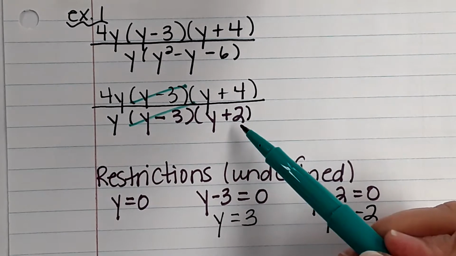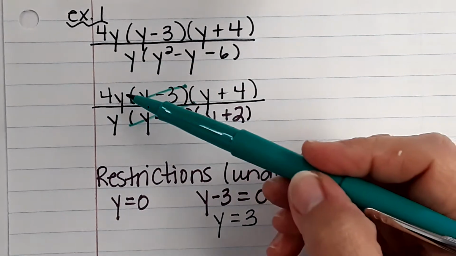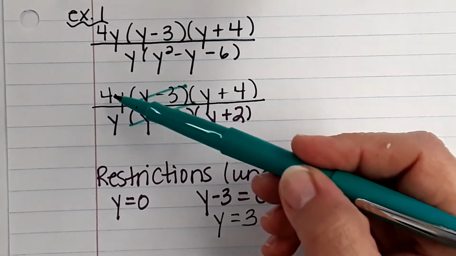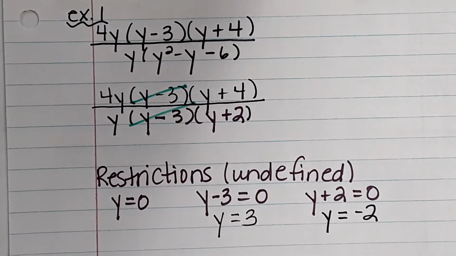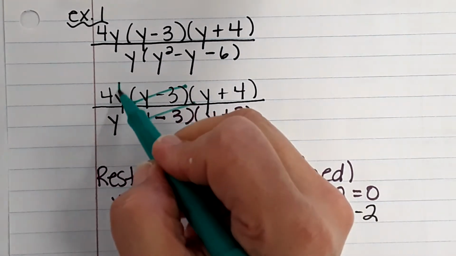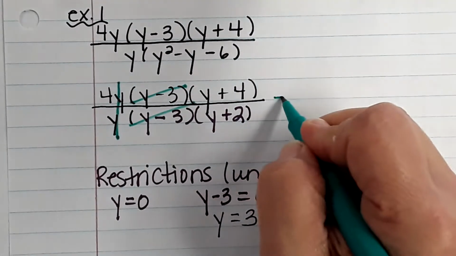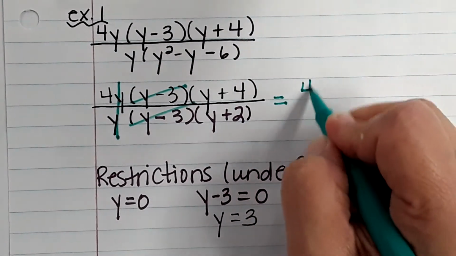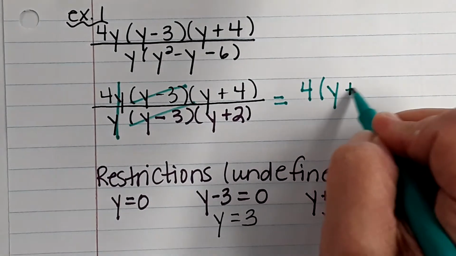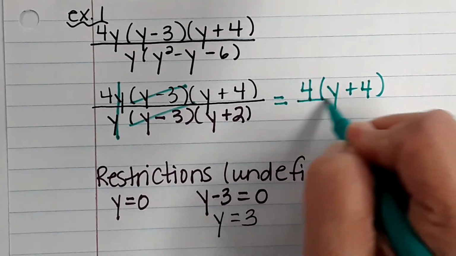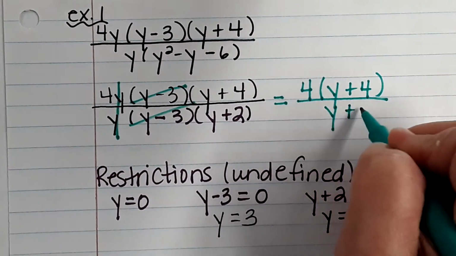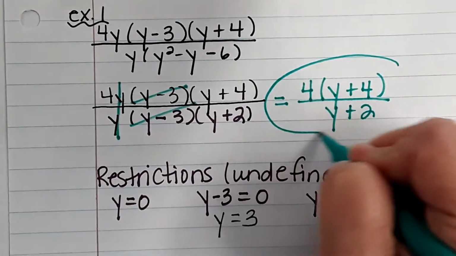Y plus 4 and y plus 2, they don't matter. But see how the y's are on the outside of 4y and a y? They're on the outside of the parentheses. Those we can reduce. So these y's, they cancel out, and we're left with 4 times y plus 4 over y plus 2. And that's our answer.